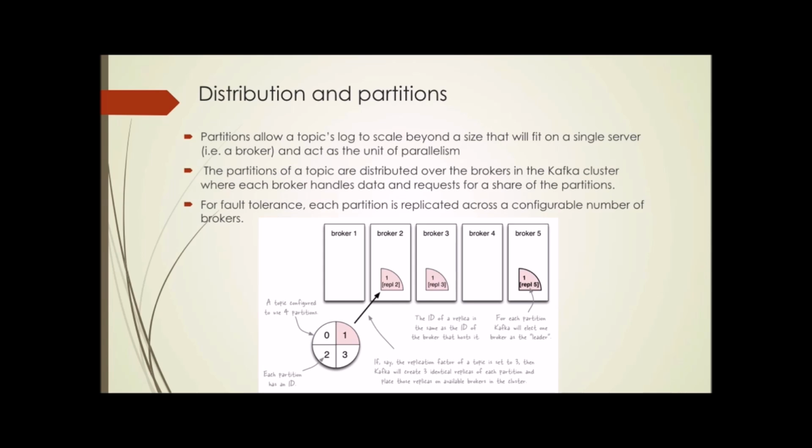The others are followers, and you can define the number of followers with a replication factor. They get all these messages by passively listening to the leader, and it's used for load balancing and also fault tolerance. So if the leader goes down, you have a follower with the same events for that partition. You can elect that follower as leader, and it takes over.